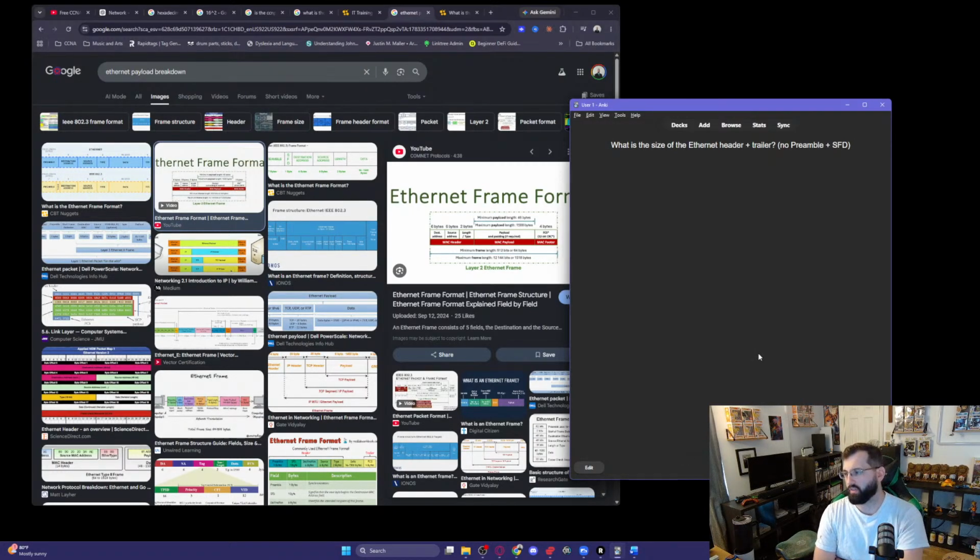What is the size of the Ethernet header and trailer, no preamble or SFD? 46 plus 6 plus 2. Is that right?